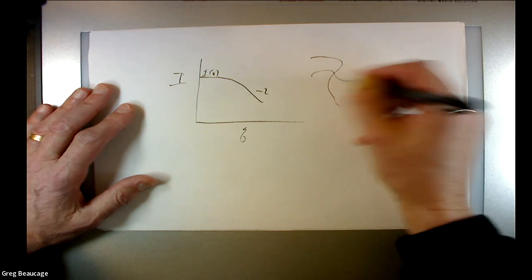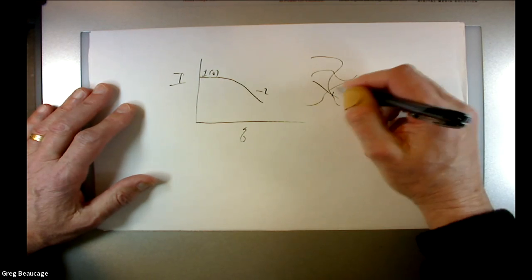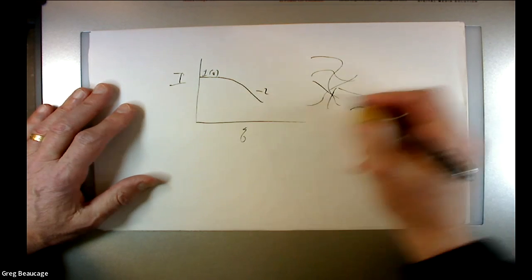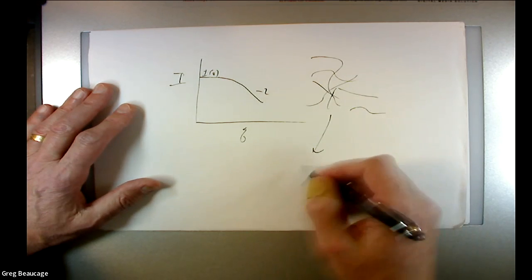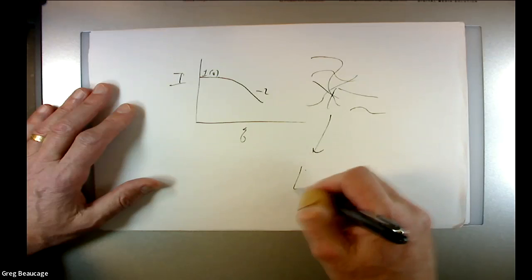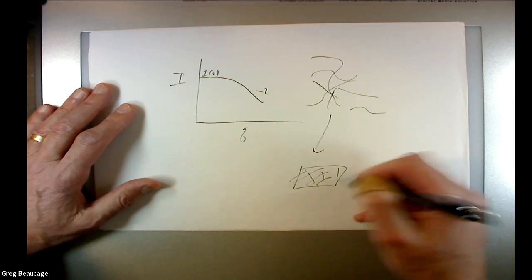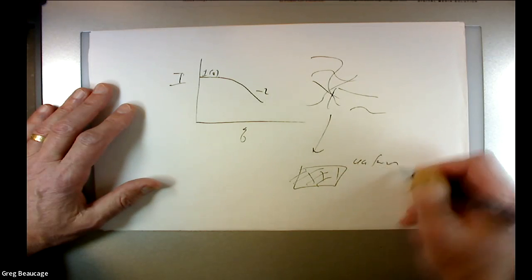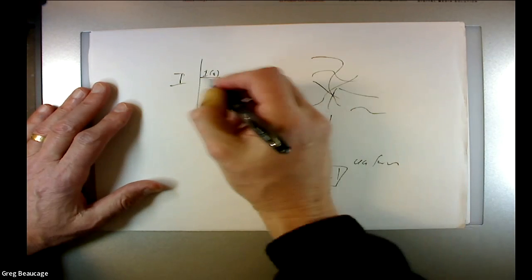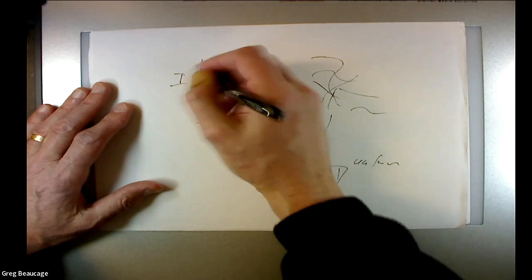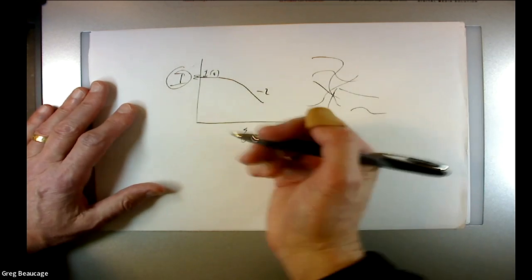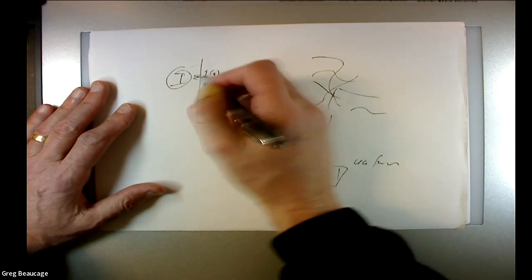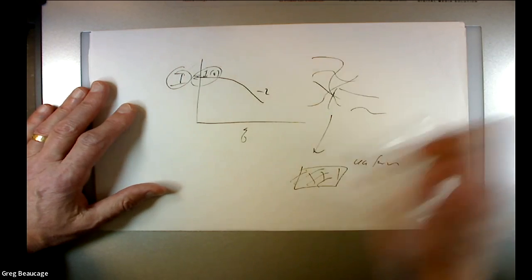So we have threads, and you blow it up, you can see an individual thread, and then you zoom out and just see a dot. If you zoom out further, this thing becomes uniform. Uniform means it's going to have a constant here, but there's still something causing that intensity. Otherwise, it would be 0. Something is causing that flat scattering.